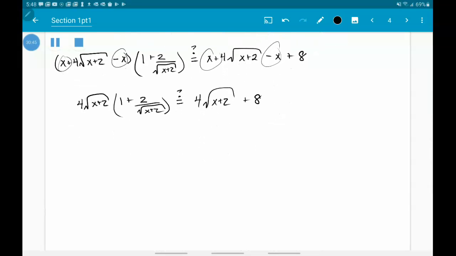So let's distribute that term. So we're going to have 4 square root x plus 2. And when I distribute the 4 square root x plus 2 to 2 over square root x plus 2, notice those square roots cancel, so we're left with just 8. And that right-hand side does look the same. So we're going to say, yes, we have verified.